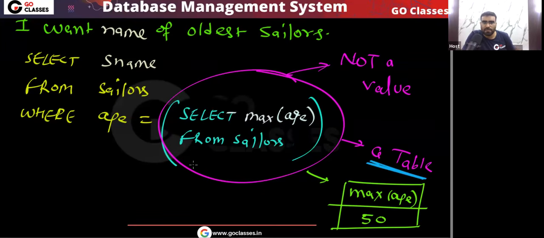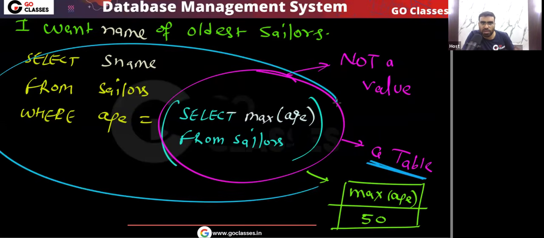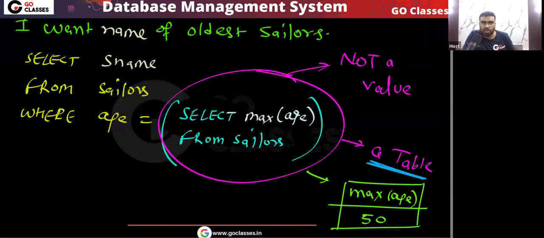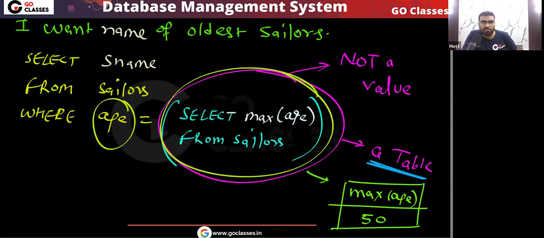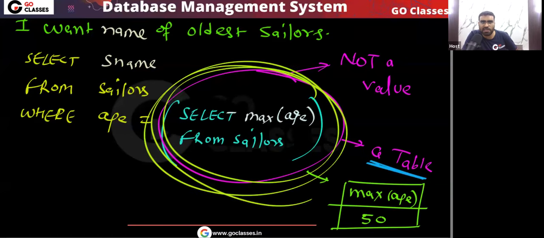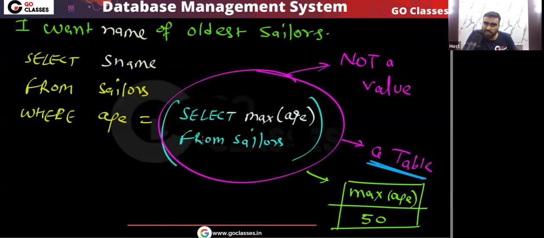So please understand, in the normal scenario, this query will be invalid, because age is equal to table. You are putting a table here. But because I am using this aggregate function, the DBMS knows there is a guarantee of getting a single tuple.